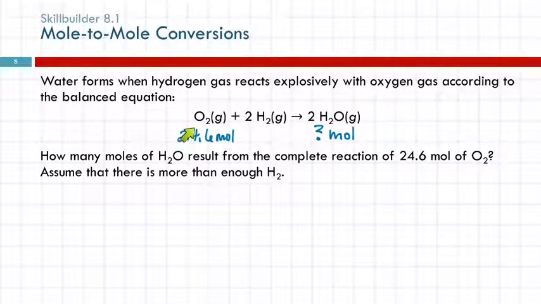So I can go from moles of anything in this equation to moles of anything else in the equation in one step. I don't have to go moles of oxygen to moles of hydrogen to moles of water. I can jump between any two. So it's always one step from moles to moles like this. So my path is moles of oxygen to moles of water.